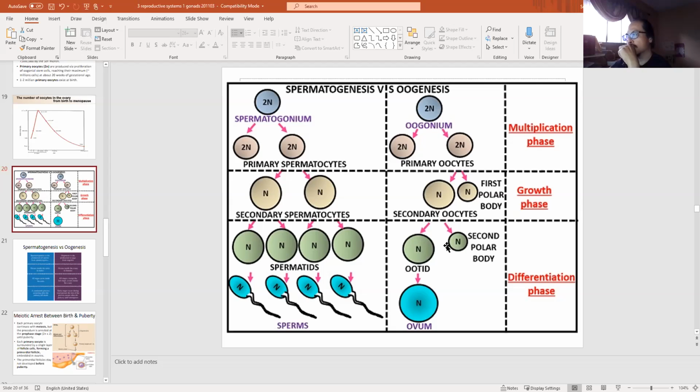This one was supposed to produce four. However, when they divided into two and two, only one remained. The other one degenerates. So at the end of the day, one produces one. In sperm, one produces four.